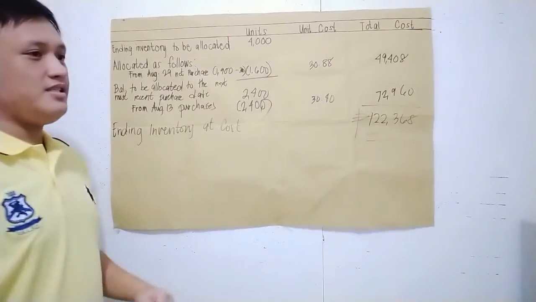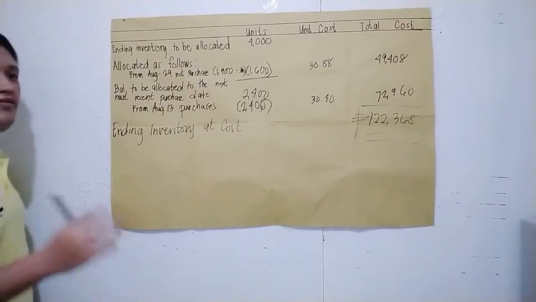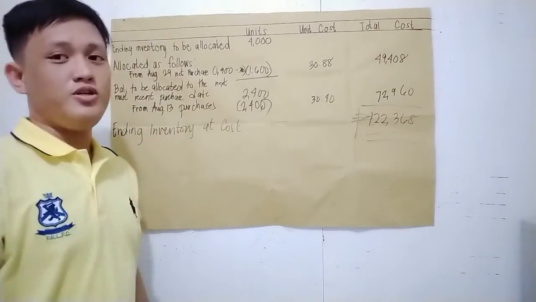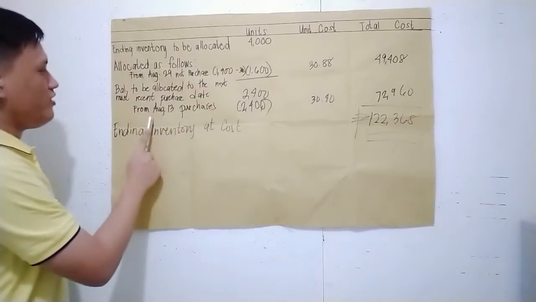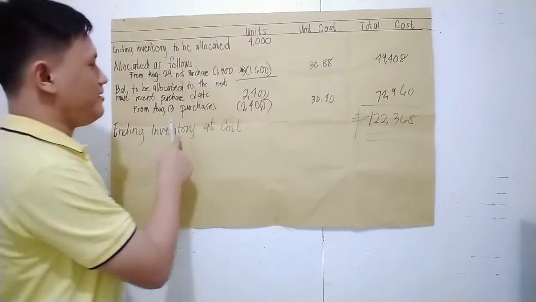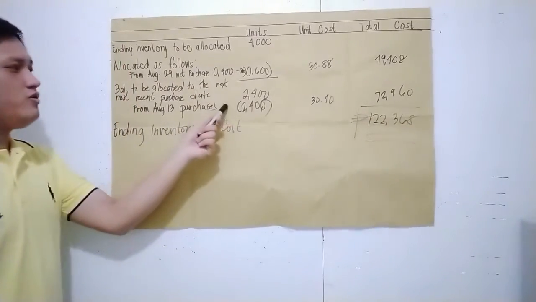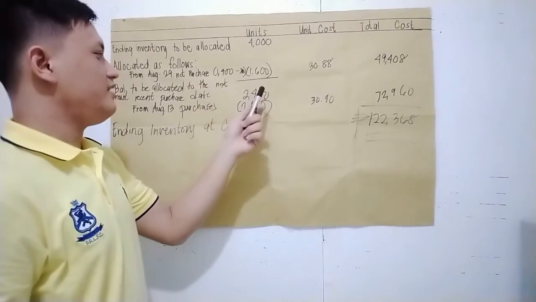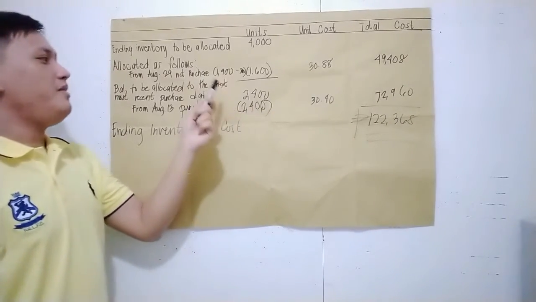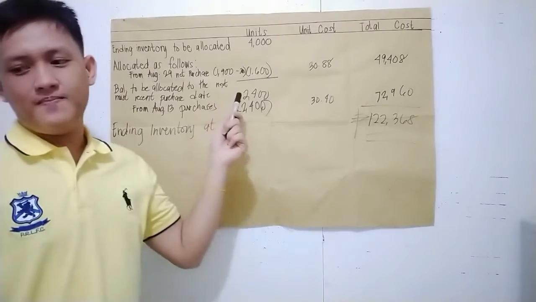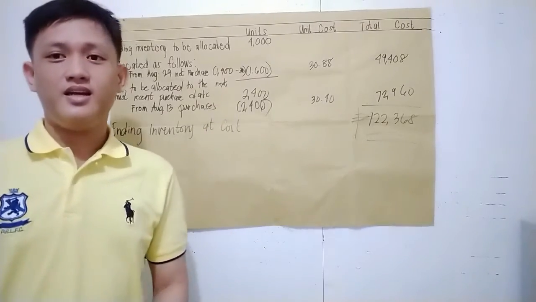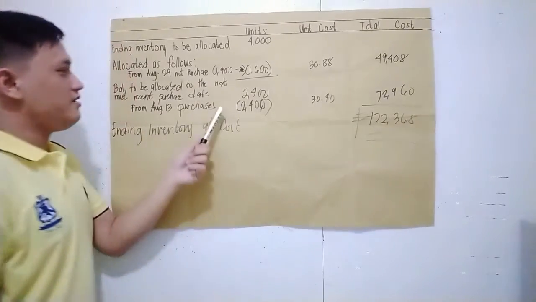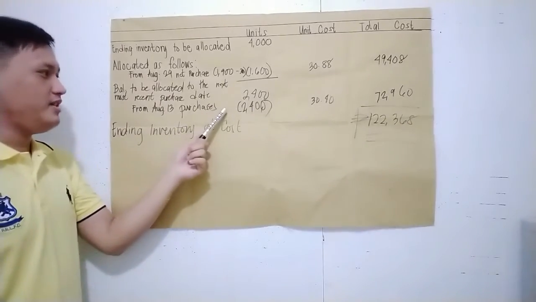Next is the date before the last purchase, which is from August 13. So 2,400, we deduct it by the 2,400 since the purchase is 4,800 in the table.